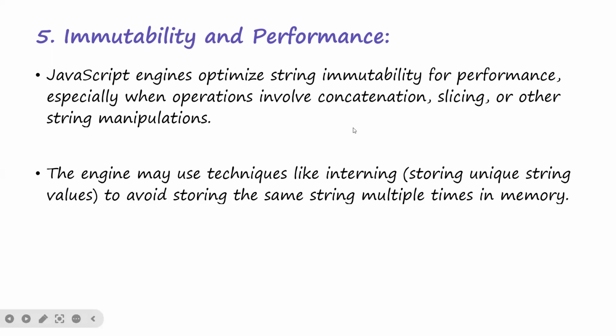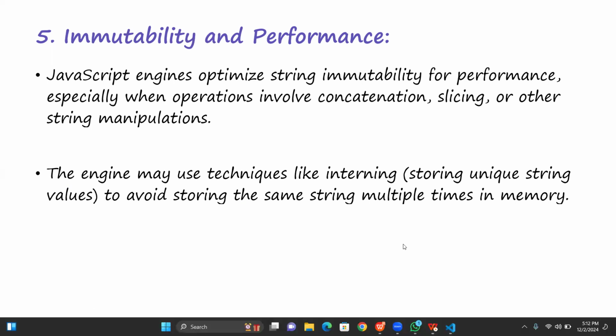Now, the engine may use techniques like interning, storing unique string values to avoid storing the same string multiple times in memory. Let me give a light explanation of what we mean by interning. Let's go to code and let me show you.